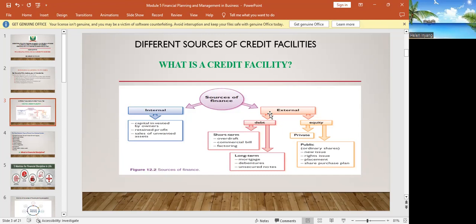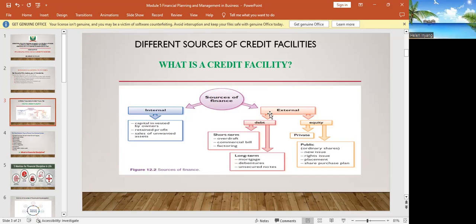Under debts here, we have short-term, which includes overdrafts, commercial bills, and factoring. Then in long term, you have mortgage, debenture, and unsecured notes.